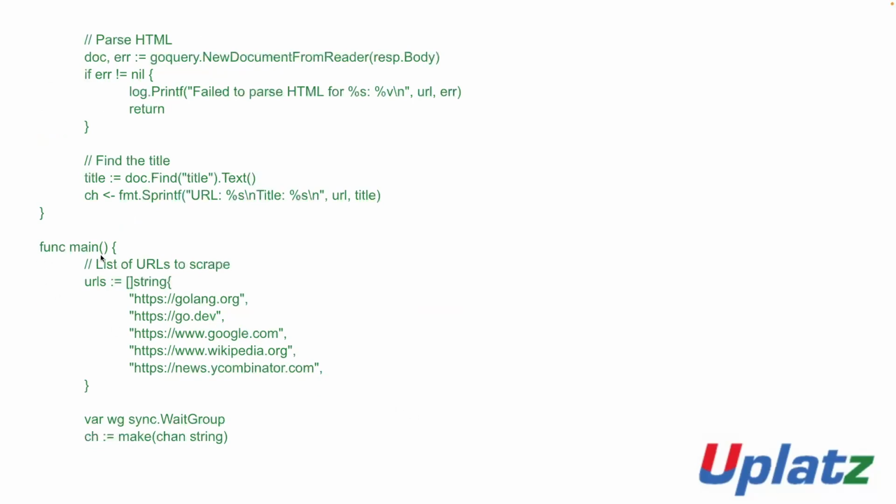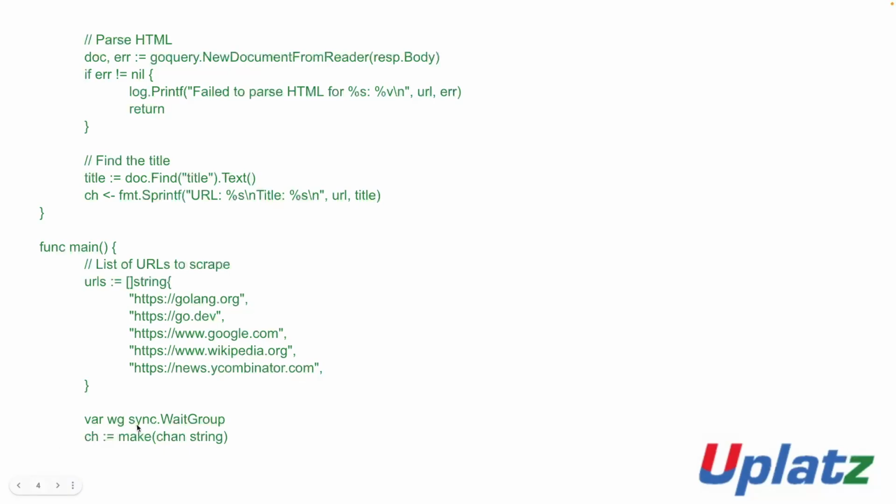Next, func main, list of URLs to scrape. Those are the URLs to scrape: https://golang.org, https://go.dev, google.com, wikipedia.org, then news.ycombinator.com.